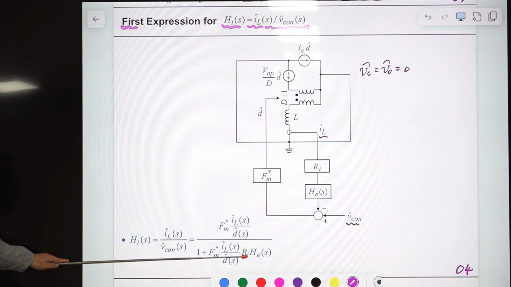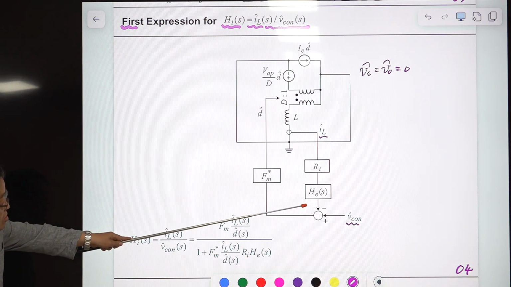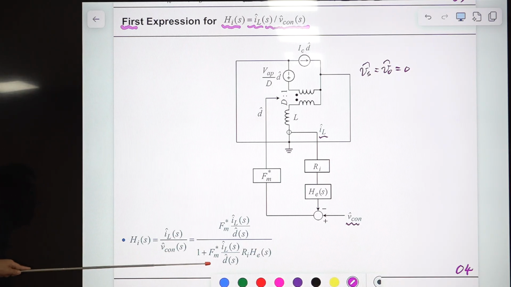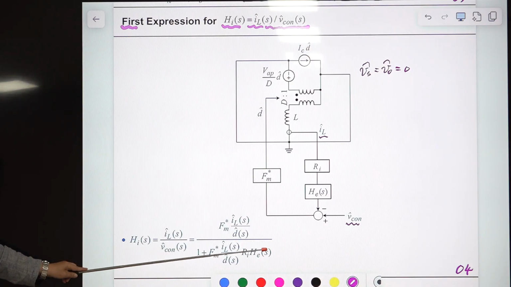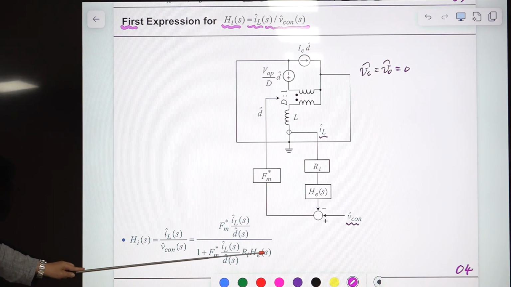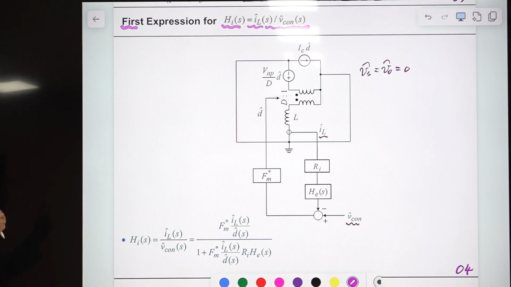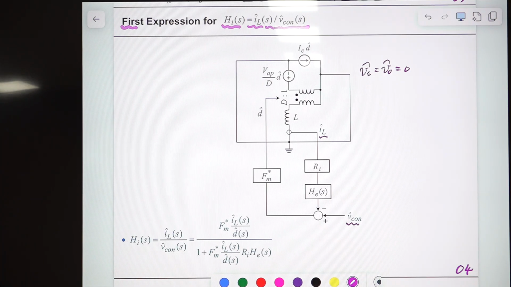The loop comes in the denominator: 1 plus loop, minus, and another minus becomes positive, and this is the forward gain. So this is the first expression, directly written from this diagram. Extremely simple. This is the first one, and then you forget about this and dig out the second equation.